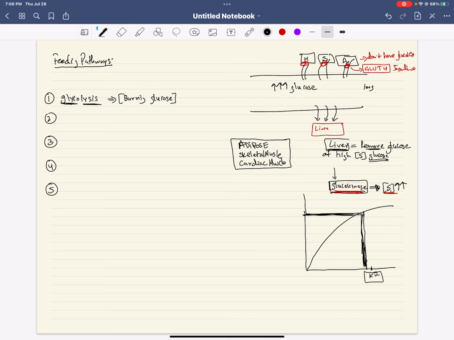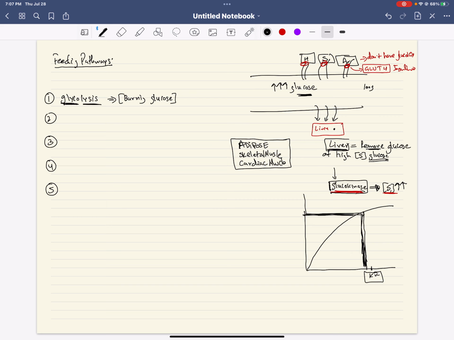So one is you can burn. Once you take up this glucose into these cells, you already start removing the glucose from your plasma in the liver, in the heart cells, in the skeletal muscles and adipose cells. Then once the glucose is in the cells, you can do glycolysis, number one. What else can you do?